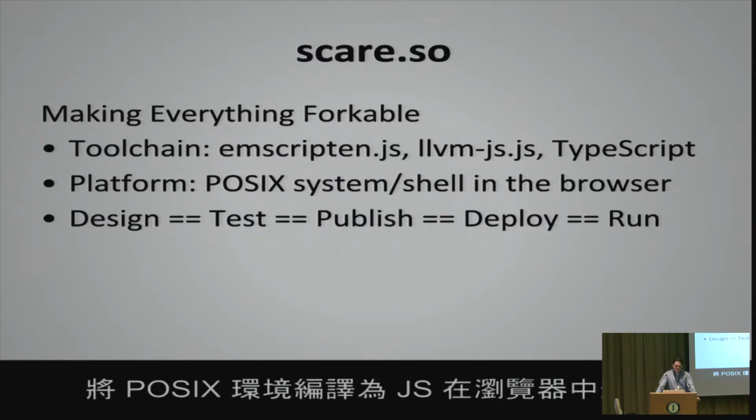This is a virtual file system. And so I guess what I'm trying to say is this is how to create a very, very lightweight virtual machine inside JavaScript in the browser.